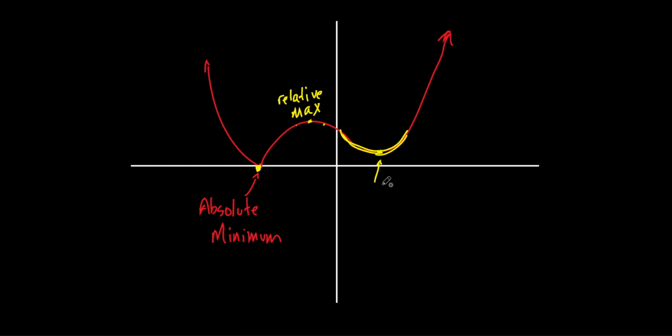So what do you think we're going to call that one? It's a relative, what? Is it a maximum? It's a relative minimum, okay? So that would be that point right there. It's still a critical point because if I drew a tangent to that point, I get a horizontal line. Now look at this. Let's do this in a different color. Let's go blue.